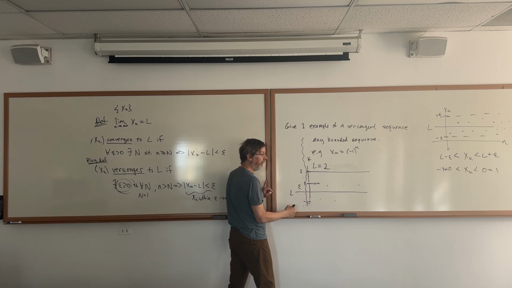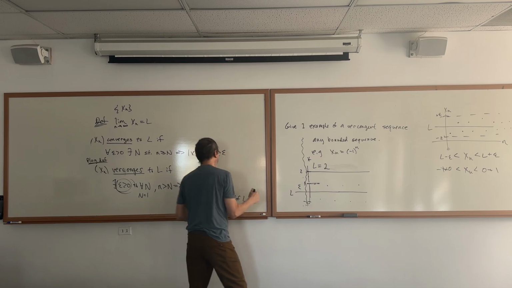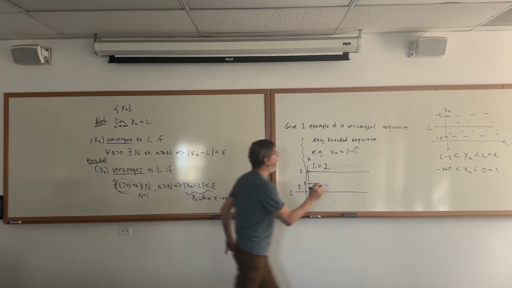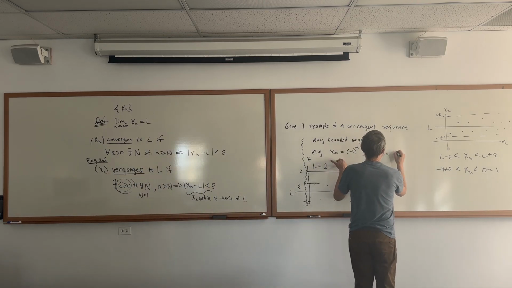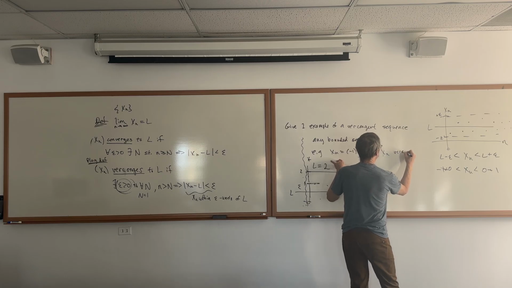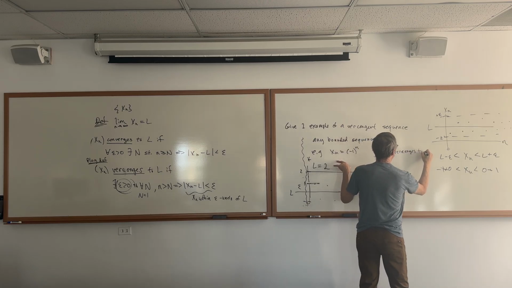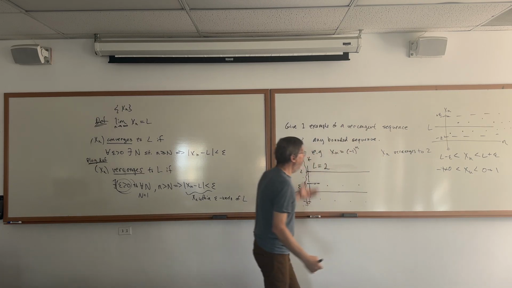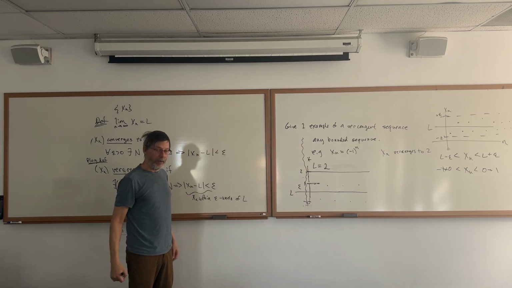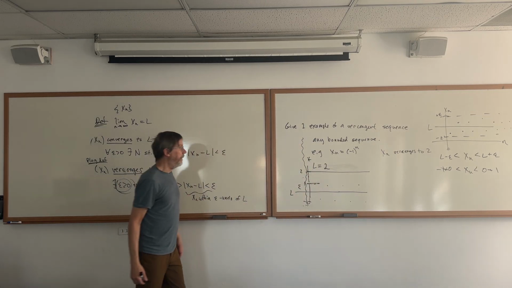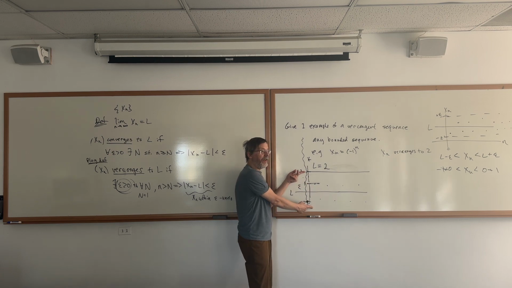And there's lots of answers. But pick an epsilon so that if L equals 2, in other words, this sequence x sub n converges to 2, what epsilon would work? There you go. Anything bigger than this distance here. So yeah, 4 would work.